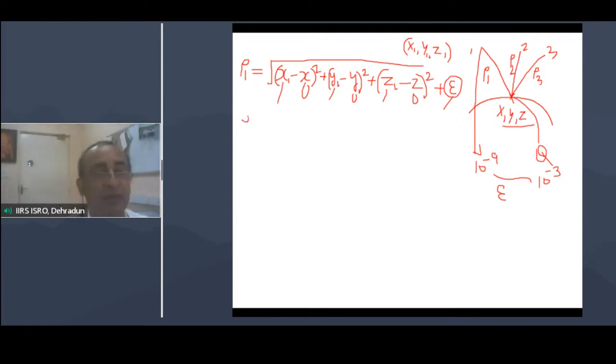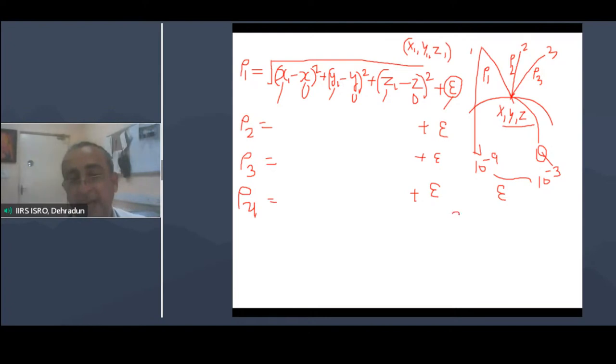In the same way, for rho 2 and rho 3, we will have equations with epsilon. Now you can see there are 4 unknowns, so we require a 4th equation also, rho 4, and thus 4 satellites. This concludes that for 3D observation we require 4 satellites, and for 2D observation we require 3 satellites.